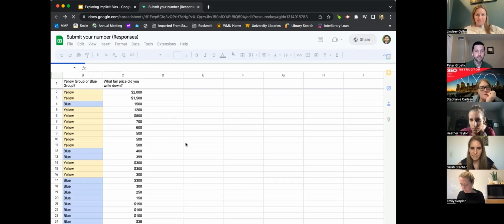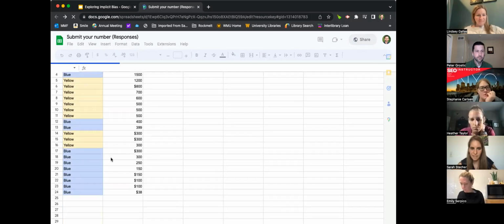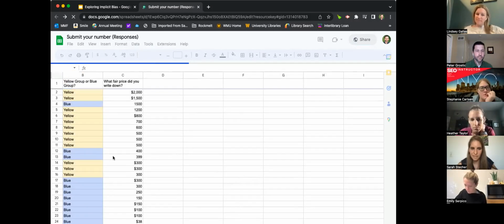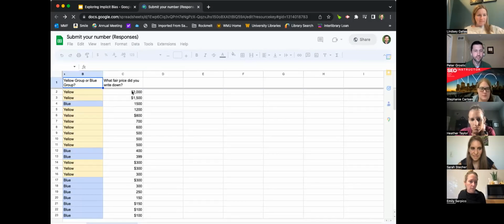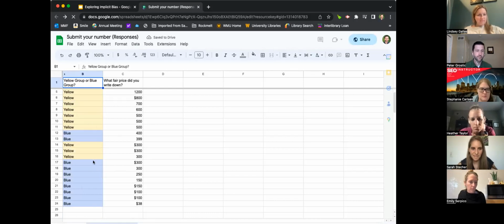So what we have here is we generally have folks in the yellow group up here at the top. These are sorted in descending order from greatest to least, top to bottom. We have the yellow group generally bunched up, a random blue here, and then at the bottom, we have mostly blues, with in the middle, some flip-flop between yellow and blue.